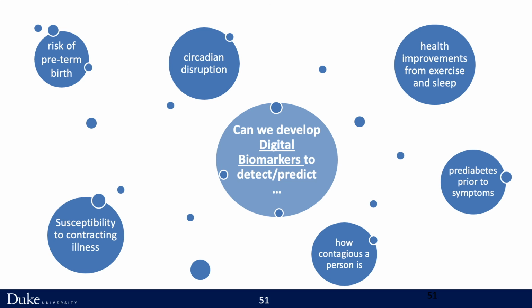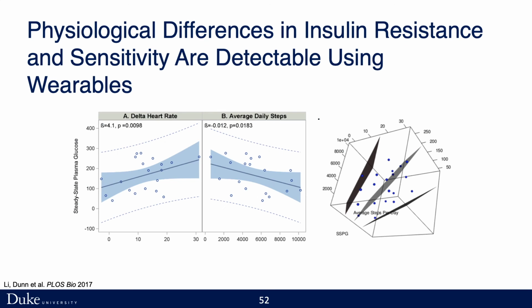And more concretely, from the IPOP study that I was just mentioning, there was also an interesting finding that we saw a relationship between insulin resistance or insulin sensitivity status and changes in heart rate or steps. What's interesting about this is that insulin resistance is a precursor to prediabetes and type 2 diabetes.